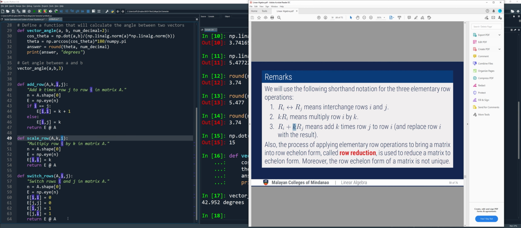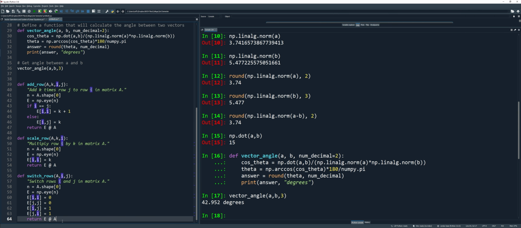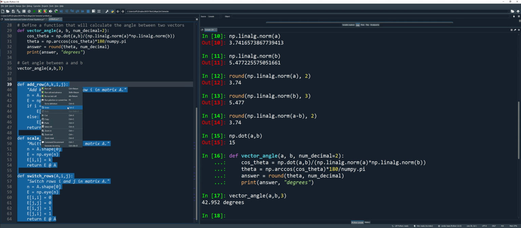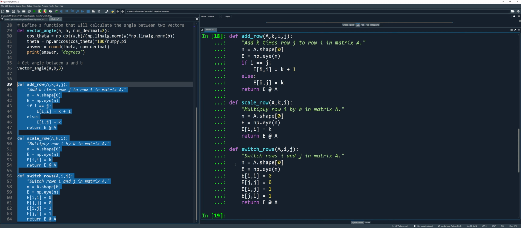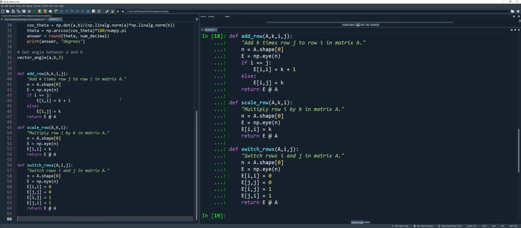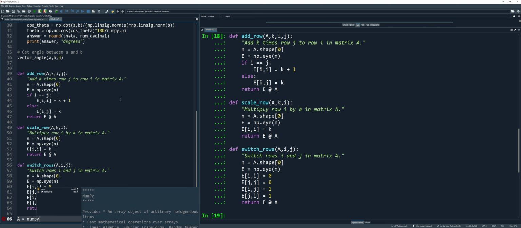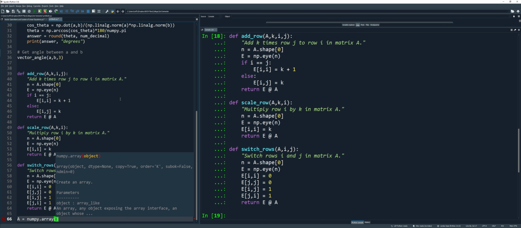So let's try to apply these functions to perform elementary row operation. So suppose we have a matrix, and let's consider a 3 by 3 matrix, and let's name it as matrix A. We can create a matrix in Python using the numpy array function.